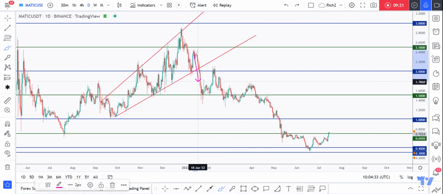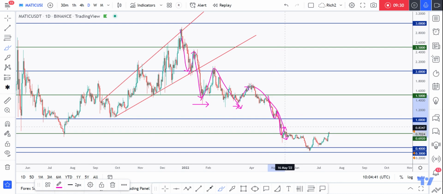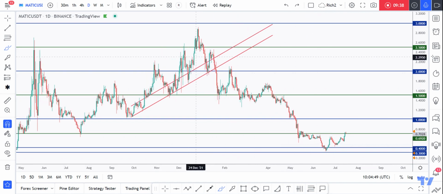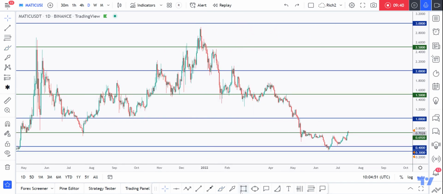So impulse, of course, the first one here, and then correction, impulse, low, low, correction, impulse, a big one. Inside we've got multiple impulse and correction movements, low, low, and then here we go, a low, low. Anyway, we'll focus on the price action in a bit, but I just wanted to give you an example.